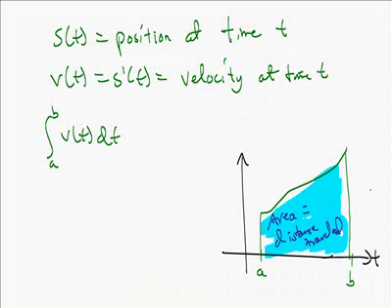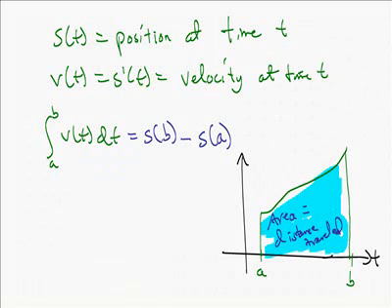All right, so we looked at that example there, and that makes sense now because this is going to be exactly equal to the position you are at time t equals b minus the position you are at time t equals a, because s is an antiderivative of the velocity function. The position function is an antiderivative of the velocity function.